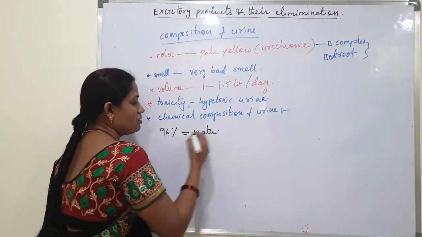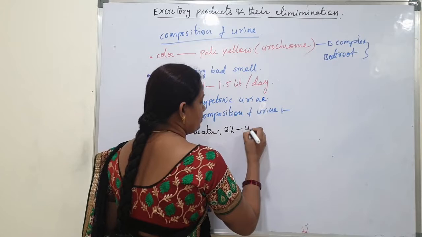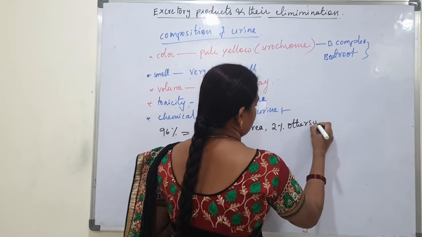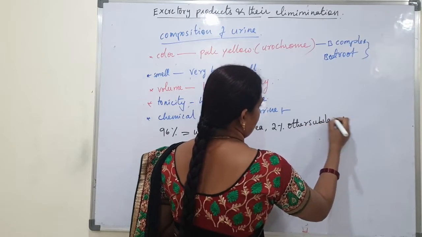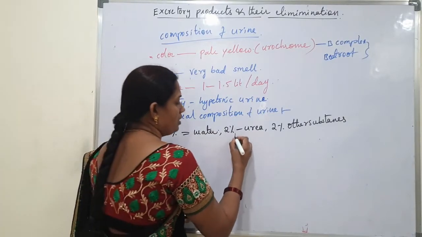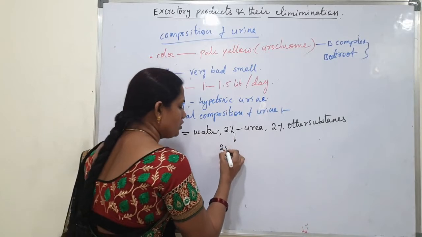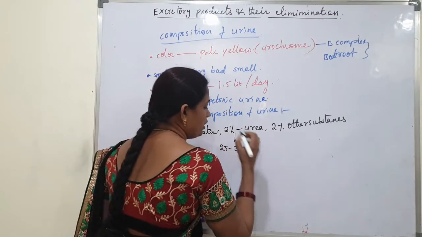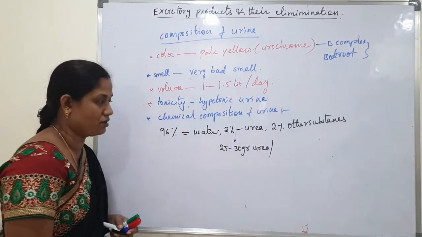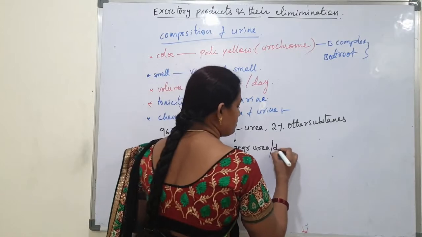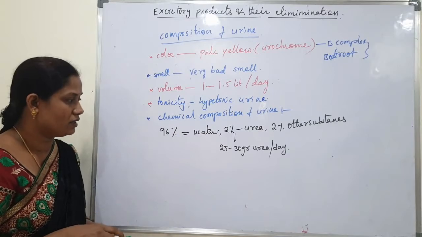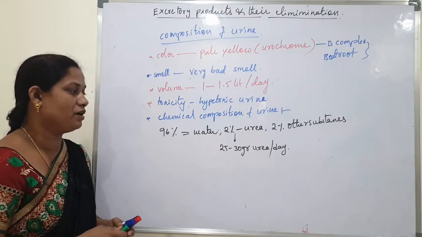Next, 2% urea and 2% other substances. Generally, a healthy person can excrete 25 to 30 grams of urea per day.